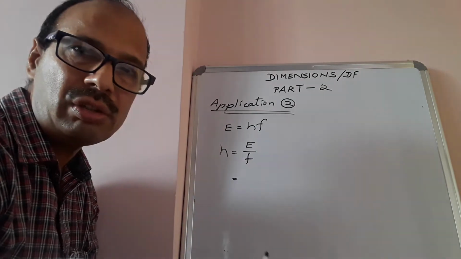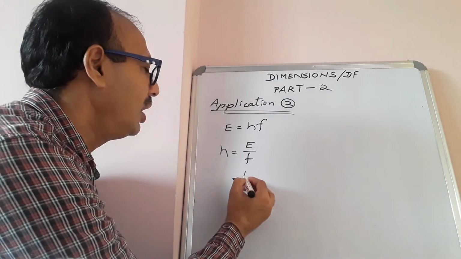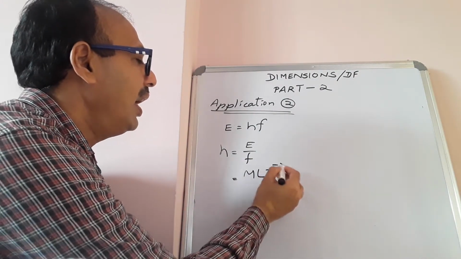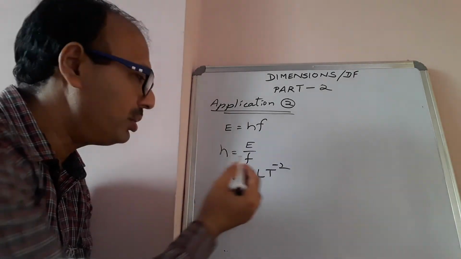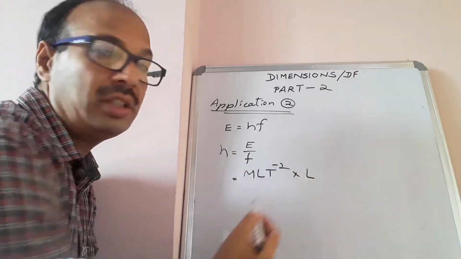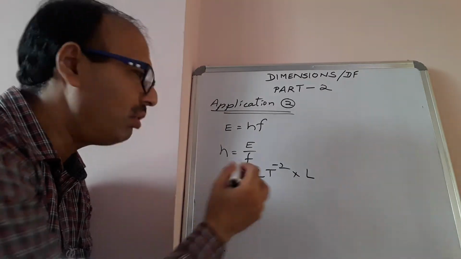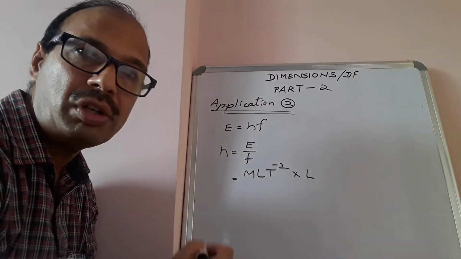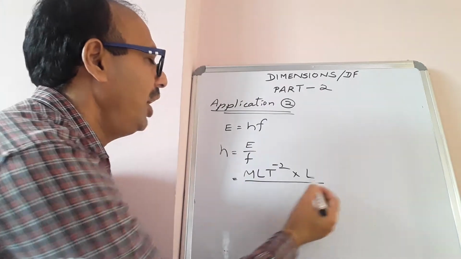So energy is also force into distance, M L T power minus 2 into L. Force into distance is work, and the dimension formulas of work and energy are same.